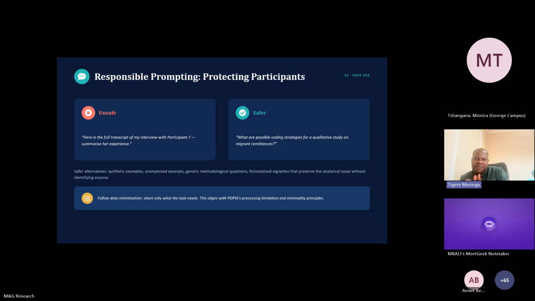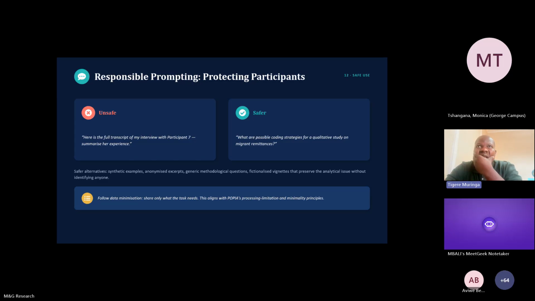I always say the difference between a good output and the best way to protect your data is the kind of prompts that you use. Researchers can use AI more safely by working with synthetic examples, anonymized excerpts, generic methodological questions, non-identifiable summaries, or researcher-created scenarios rather than raw data.